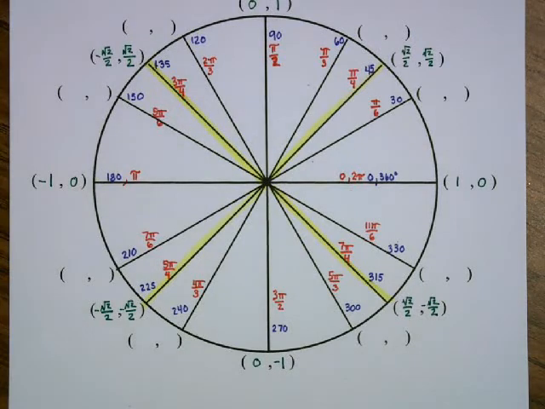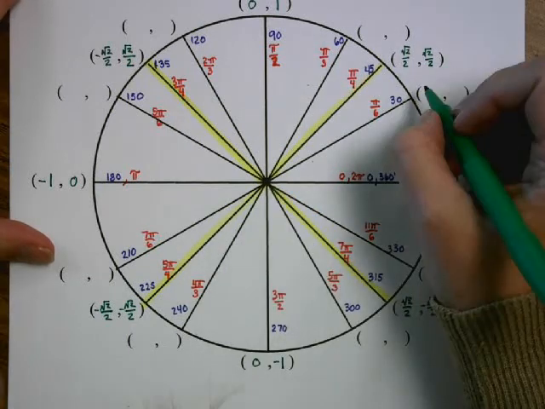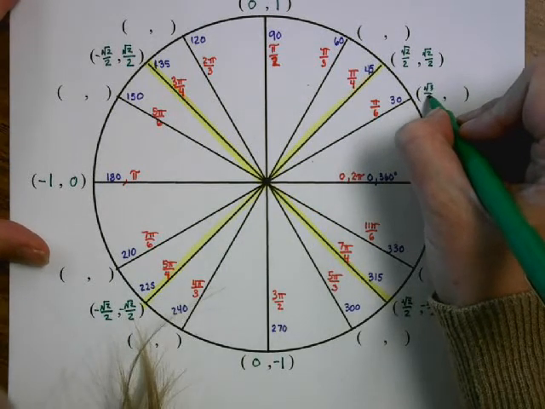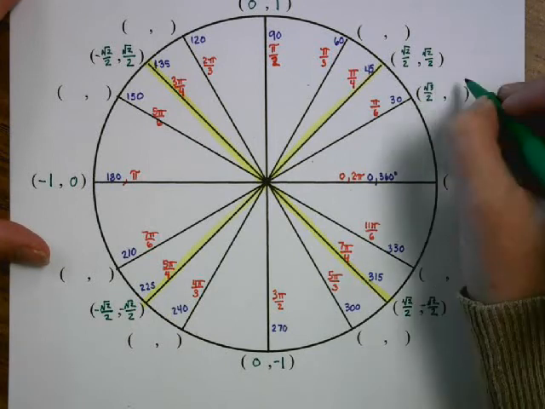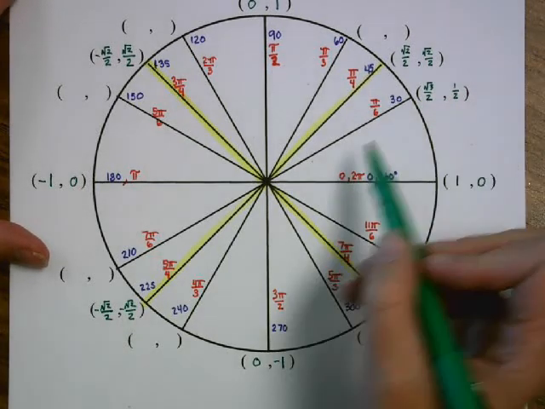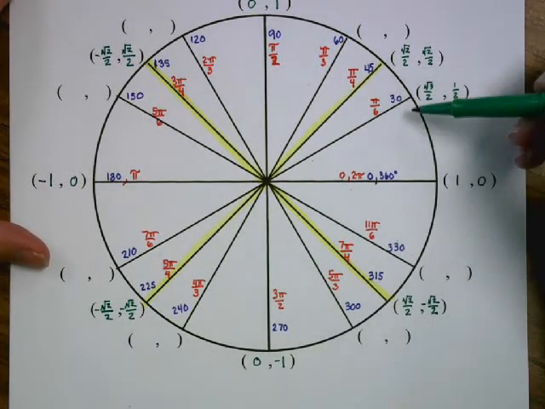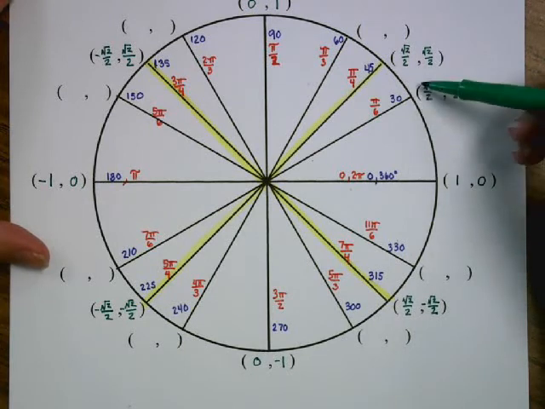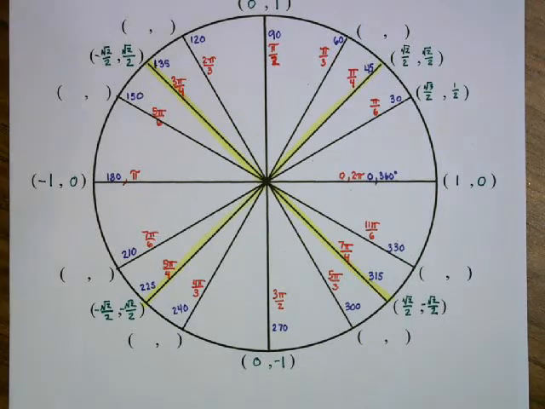So filling that in, the x distance here is root 3 over 2. The y distance is 1/2, and it should make sense just even looking at it that this distance is bigger than this distance. Root 3 is bigger than 1, so root 3 over 2 is bigger than 1/2.